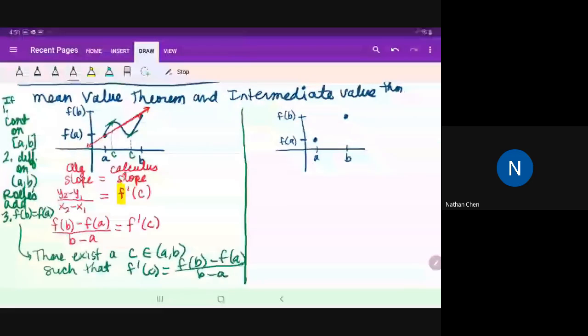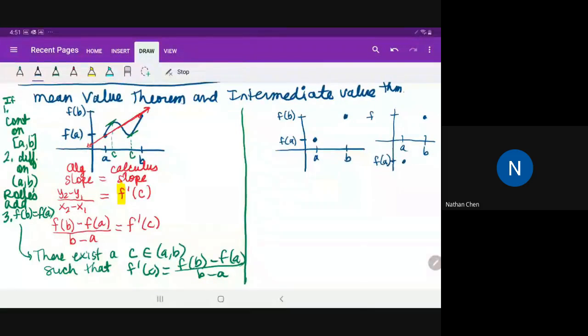So I'm going to also show you that version. Maybe I'll show you that version right here. So another version of this one is you have your a and your b, and your f of a is below the x-axis. This is the way you learned it in, say, Algebra 2. And your f of b is above the x-axis. And it could be reverse. f of a could be above and f of b could be below.